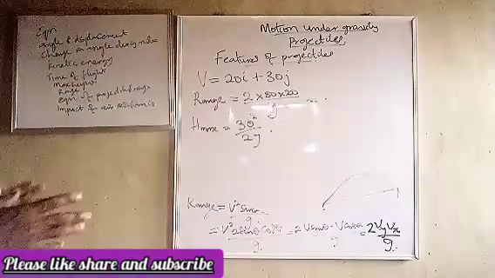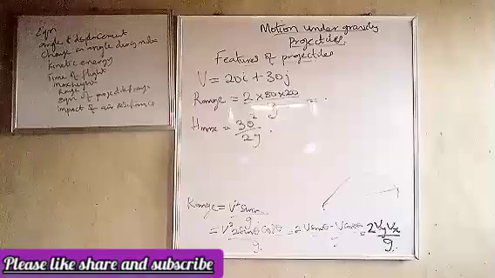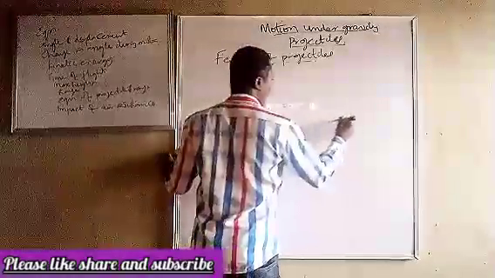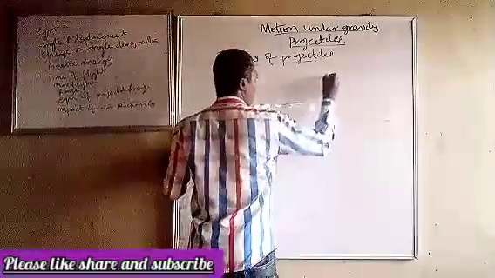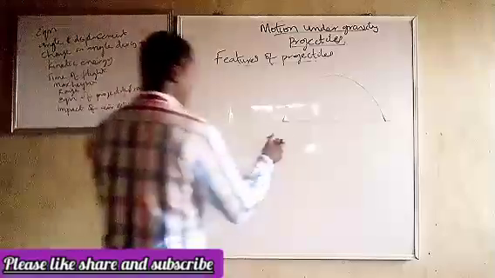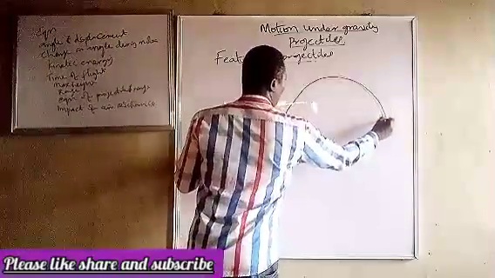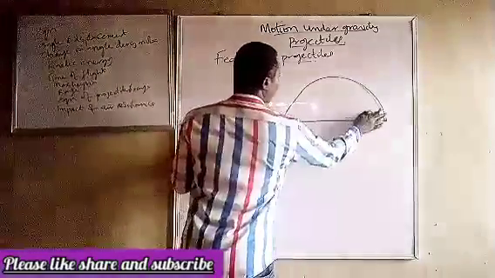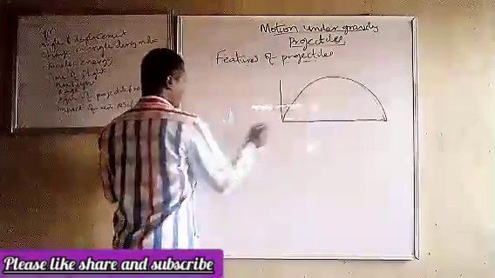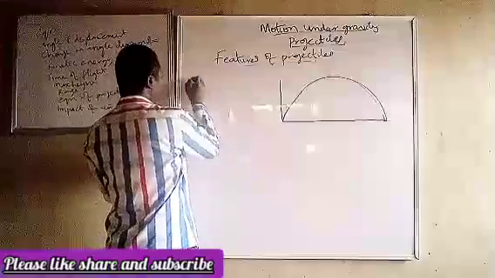So I am just trying to see how to make it very easy for us. Now, when we have a projectile in this manner, as it is moving, the angle of the velocity will vary.